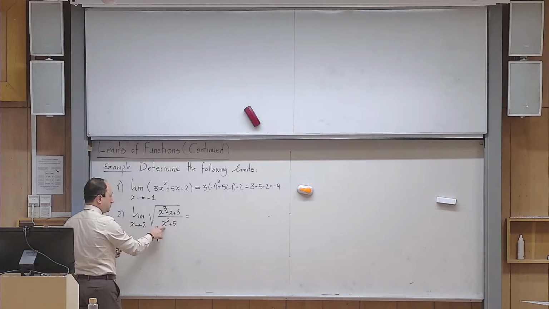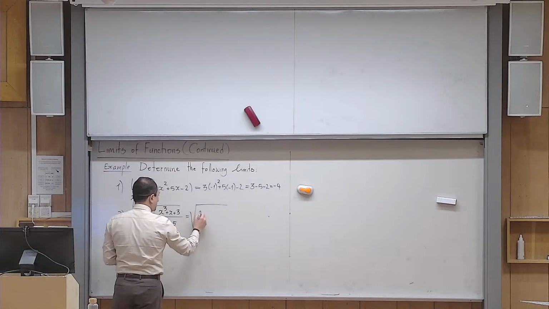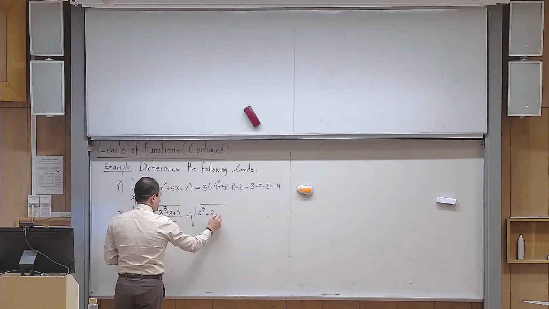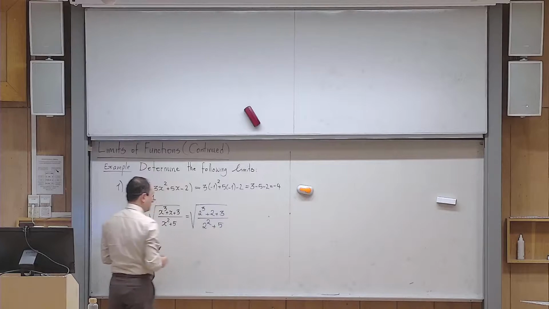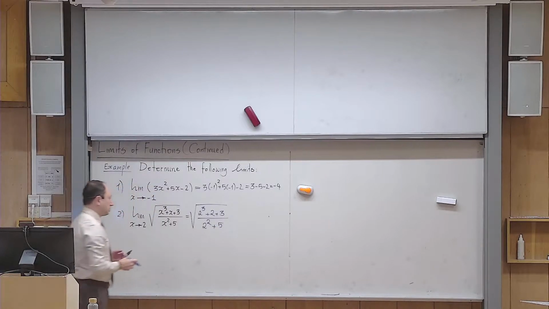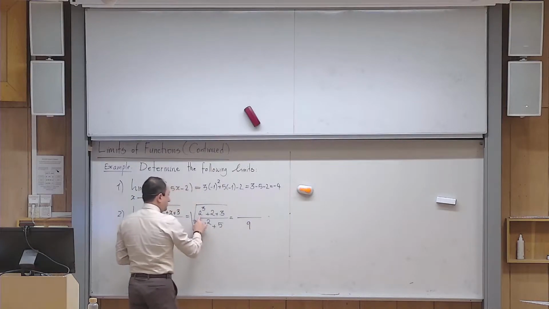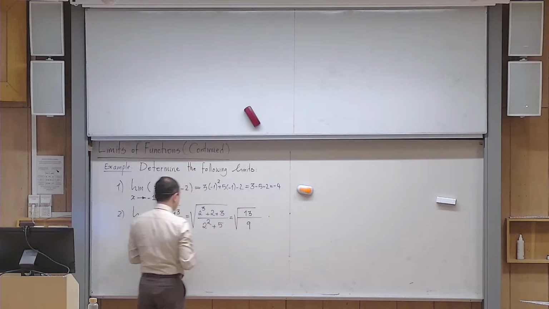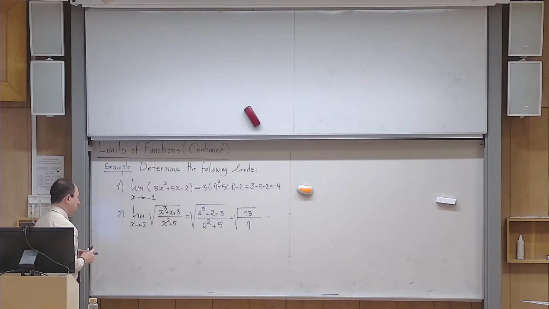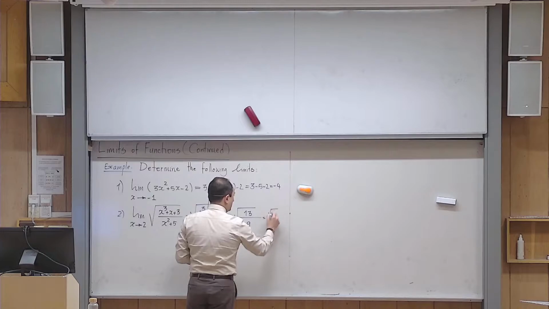If I put 2 here, I don't have any problems. So it becomes 2 to the power of 3 plus 2 plus 3, and then divided by 2 to power 2 plus 5. And then you calculate this number. So the denominator is 9, the numerator is 8, 10, 13, yes? And then you have a square root of 13, divided by square root of 9, which is just simply 3.